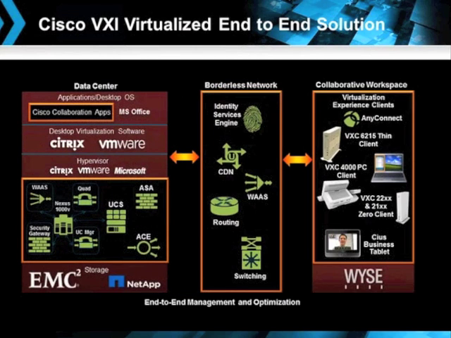When we look at an architecture, as it pertains to virtual desktop infrastructure, Cisco's go-to-market term is called VXI, or the Virtual Experience Infrastructure. Ultimately, what that means is that through a combination of data center technologies, borderless network technologies, and what we call the collaborative workspace, we have an inclusive system that's truly optimized to optimize the end-user experience from a voice, video, and data perspective.